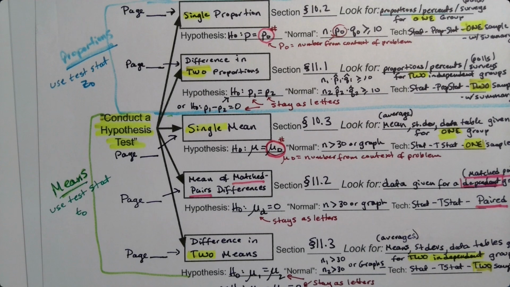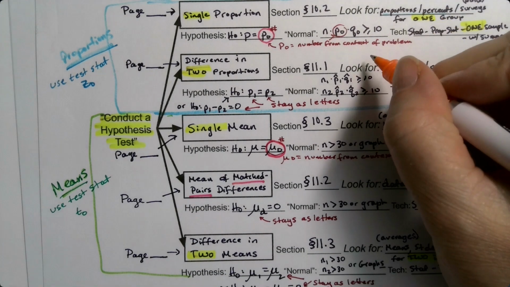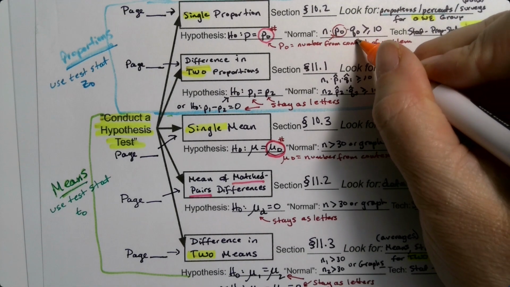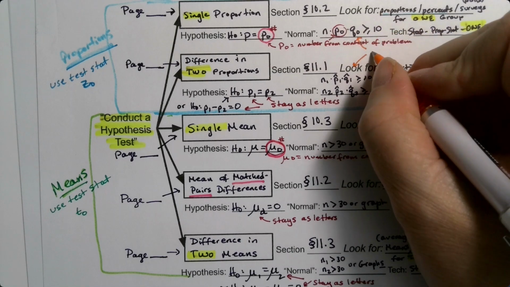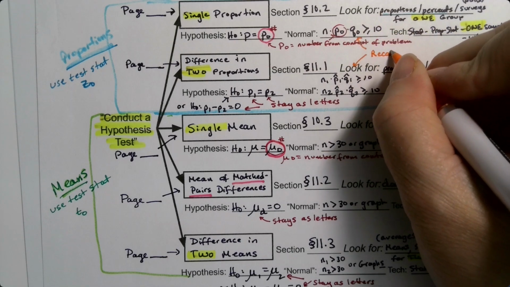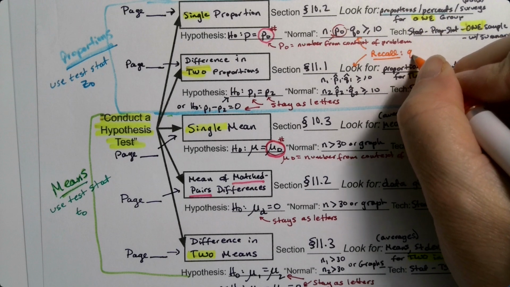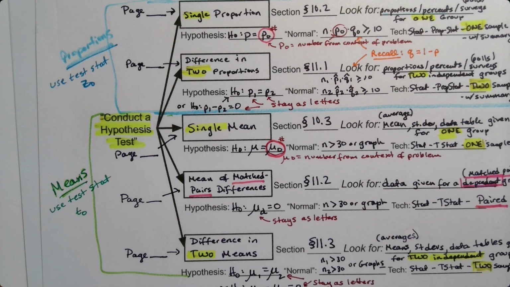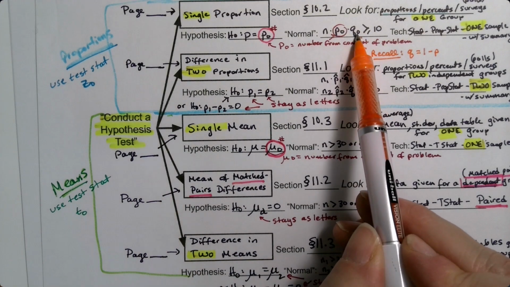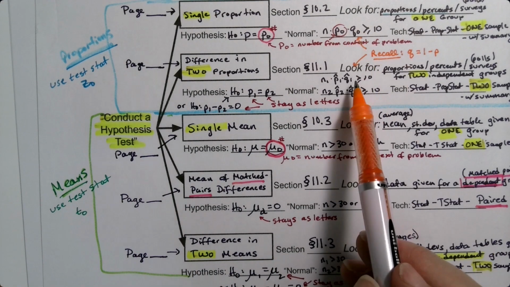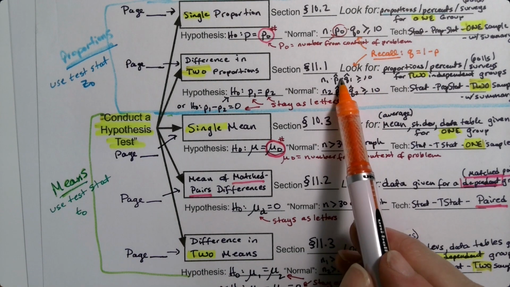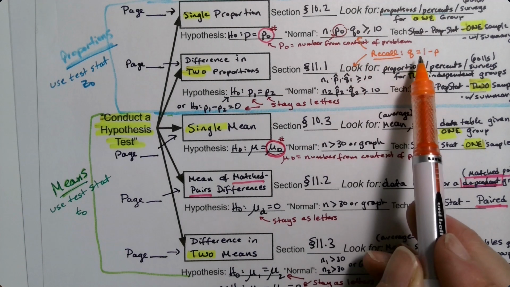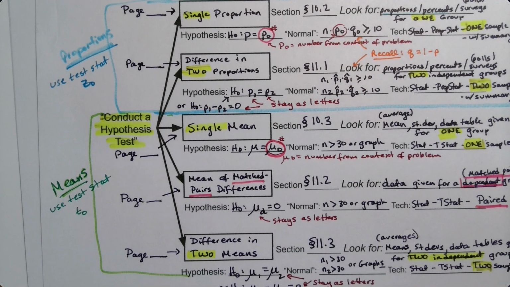And one last thing I thought of while I was looking here, I want to make sure everybody remembers how to find Q's. So remember, Q is 1 minus P, right? They are complements of each other. So if you want Q0, you take 1 minus P0. If you want Q1 hat, you take 1 minus P1 hat, right? Q and P are complements of each other.